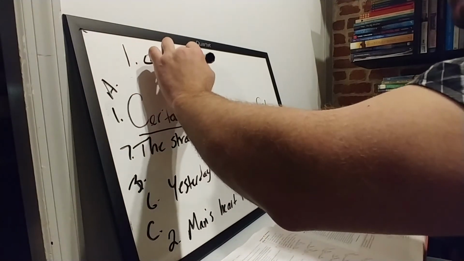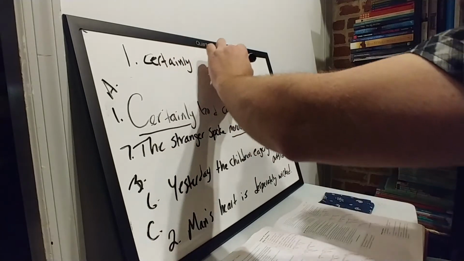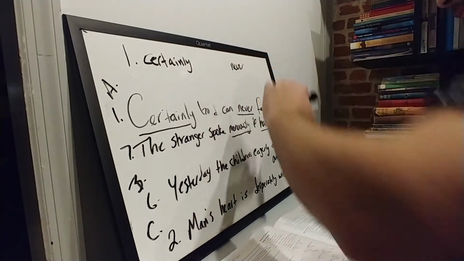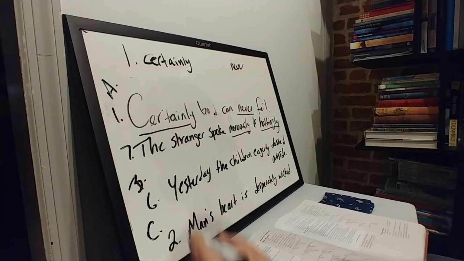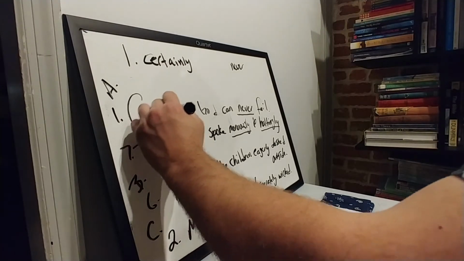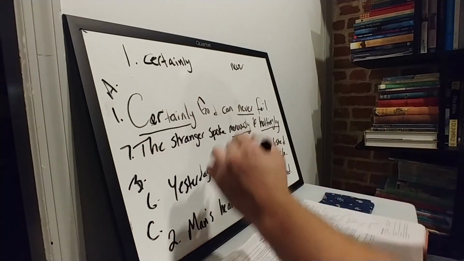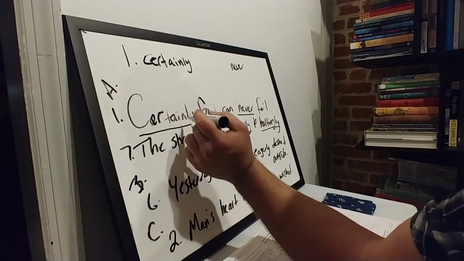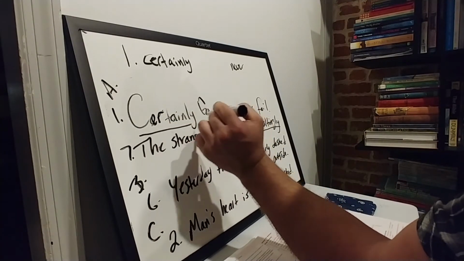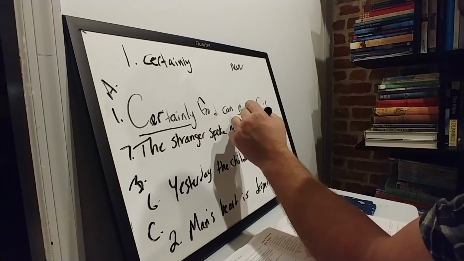Certainly and never. Then they want to know, does it modify verb, adjective, adverb, or verbal? So let's look at this one. Certainly, God can never fail. So certainly what? Certainly God, or certainly can fail?